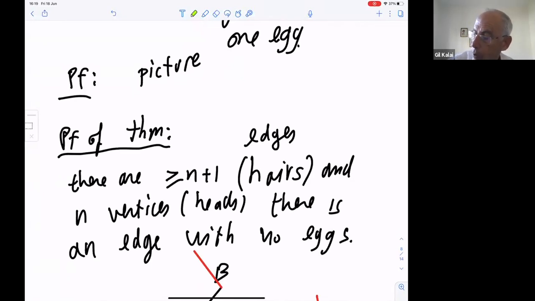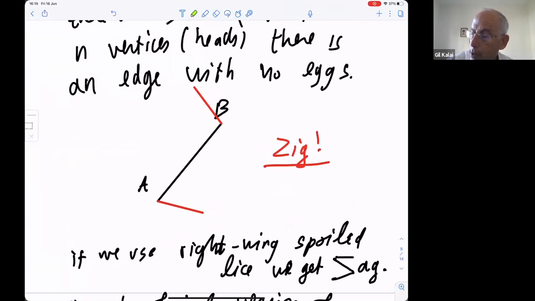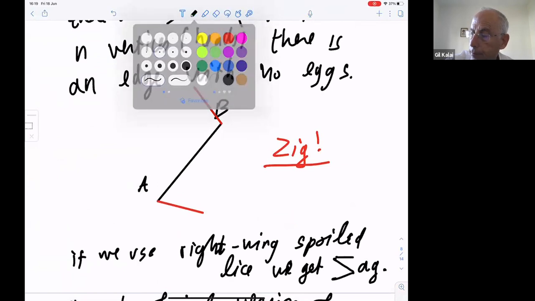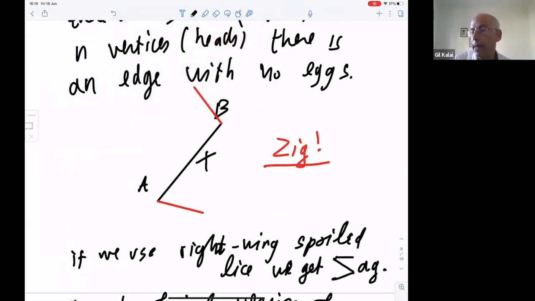So we look at this edge, let's call it X, and we ask ourselves, why is it the case that the louse sitting in this vertex didn't lay an egg on this edge?